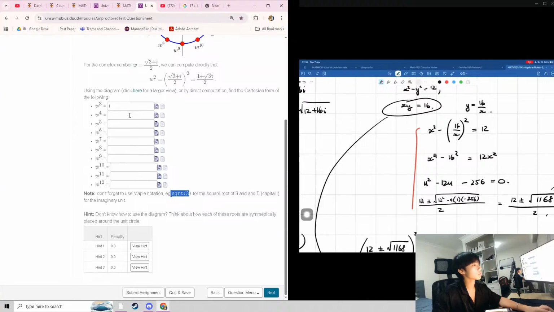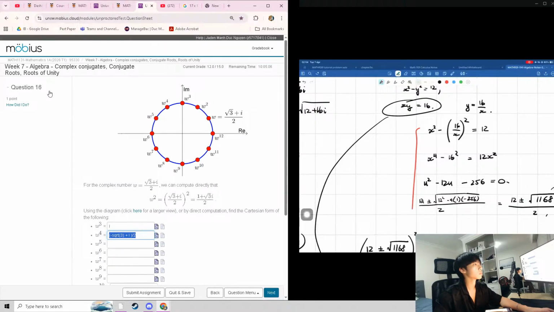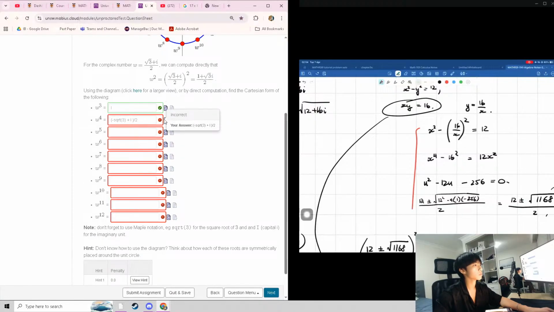Square root minus square root 3 plus i over 2. Hope that works.